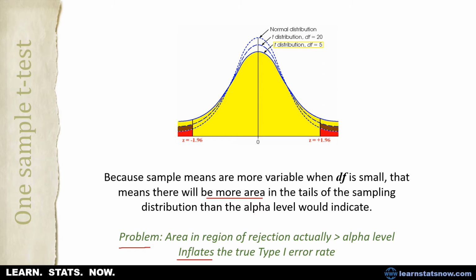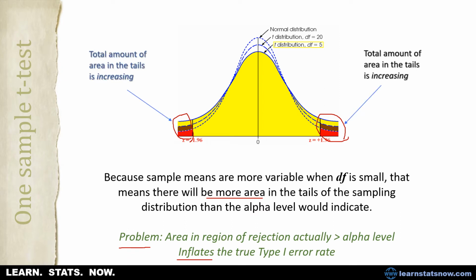Even though we might think the type 1 error rate is equal to alpha, 0.05, it's not, because with small n's and small degrees of freedom, we're increasing the amount of area under the tails, which makes it more likely that we would reject the null hypothesis incorrectly and make a type 1 error. So the total amount of area in the tails increases as we get smaller degrees of freedom.